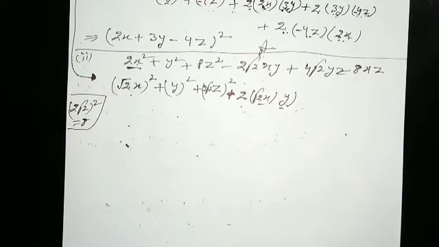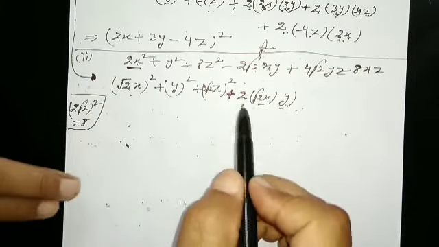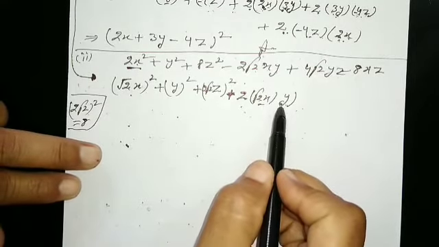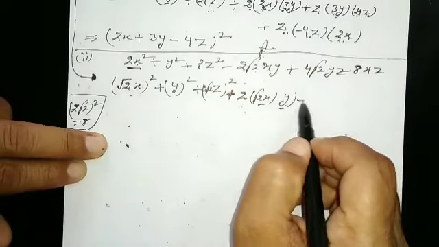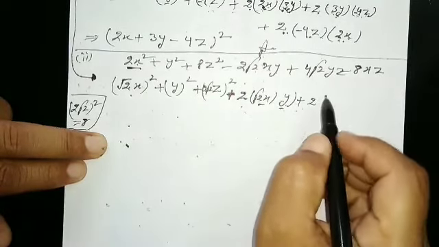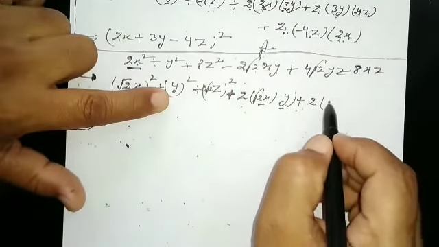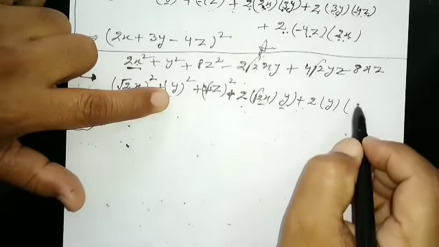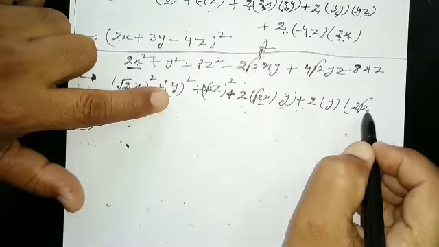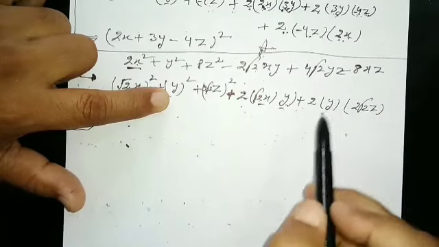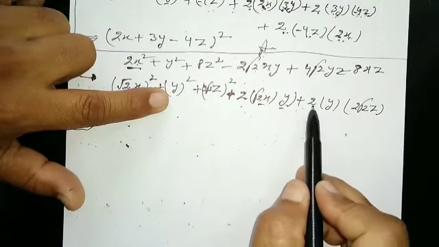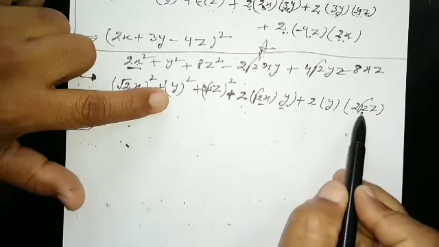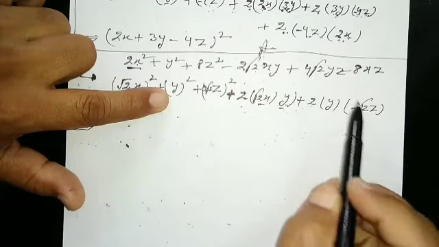Okay. Now come to the second term. That will verify which one would be negative, right? 2 into second into third. Second is y. Third is 2 root 2 z. Now verify this term. 2 into 2 is 4. 4 root 2 yz.